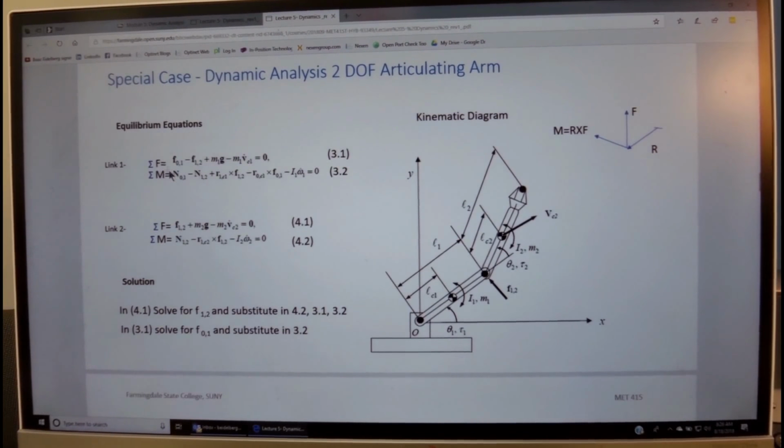So these are the equations of equilibrium of the first link, and we write similarly the equations of equilibrium for the second link.